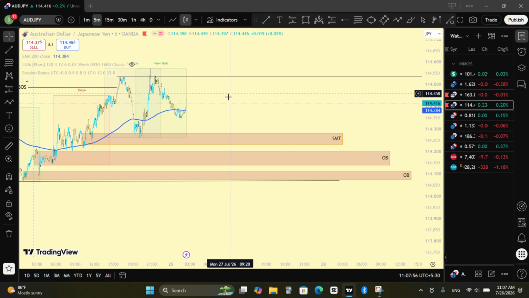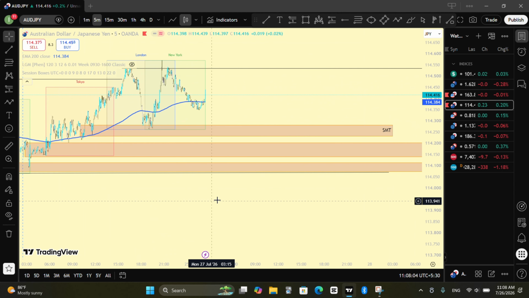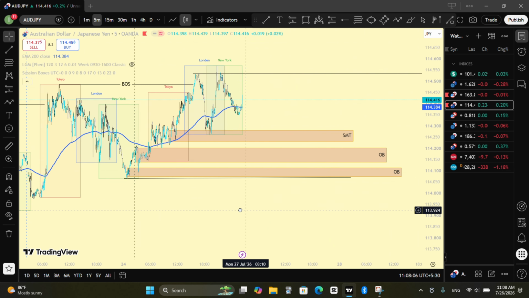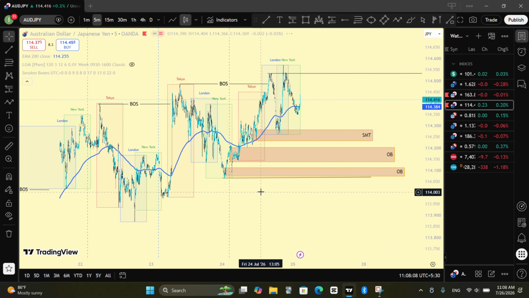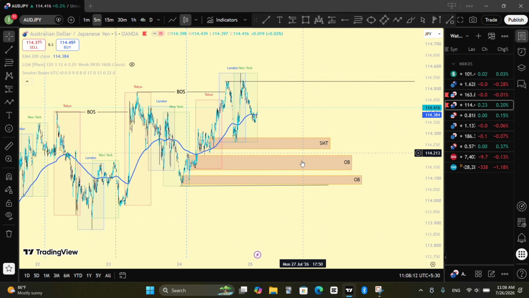In order for price to head back down, price has to manipulate this trend line and get this trend line liquidity. Then price should head to the downside and reverse from one of these areas. So you would have to look for that. And if price comes all the way to this area or this area, you can get a nice risk reward ratio.